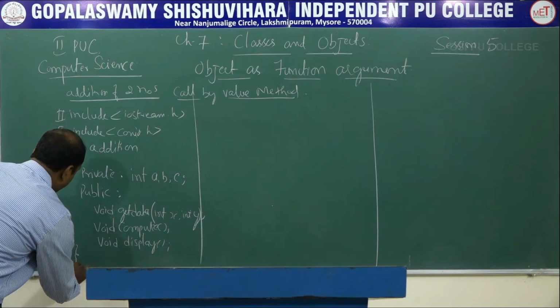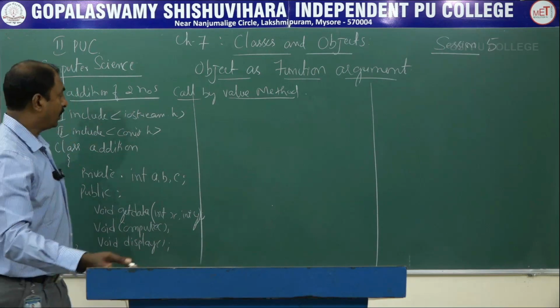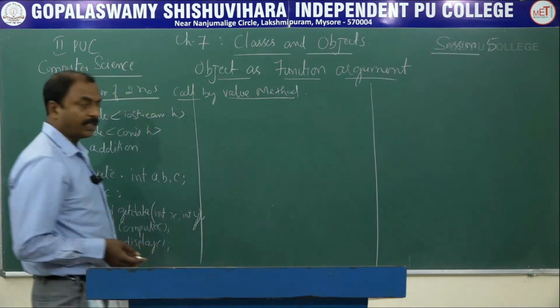We close the class with a semicolon. So the first step is the declaration of a class. Next, what are the next steps?